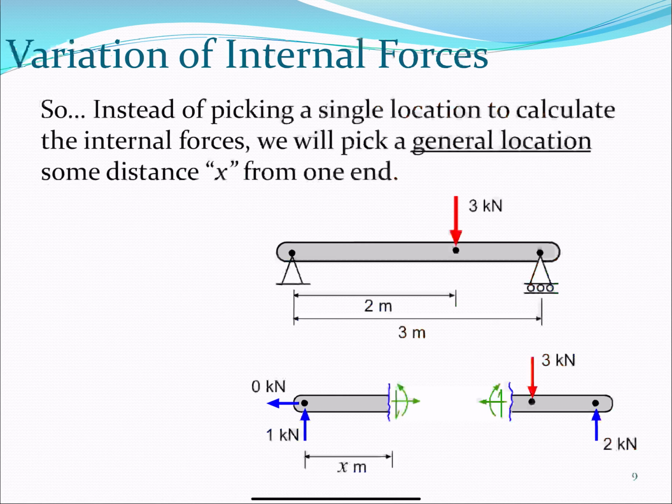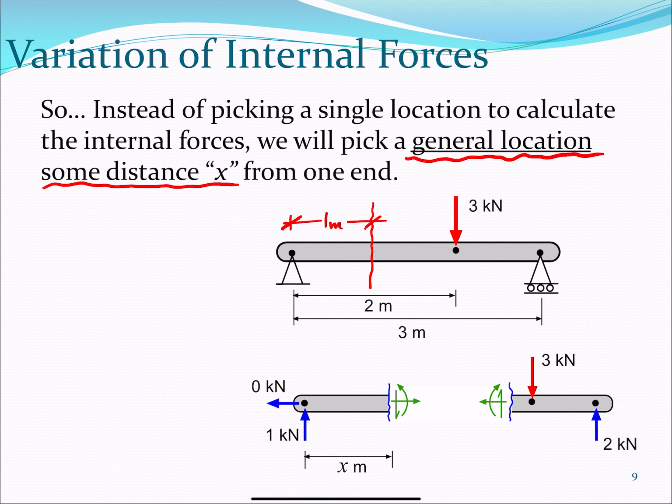Well, probably you are guessing what process we are going to follow. Now, if in the past we chose our section, we said, well, calculate the internal forces at 1 meter from the support, now we're going to calculate the internal forces at a distance x, a general location x.